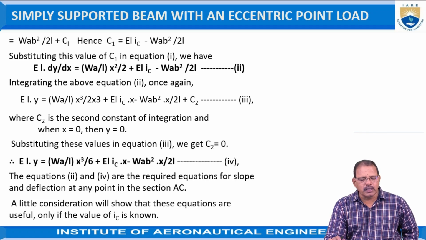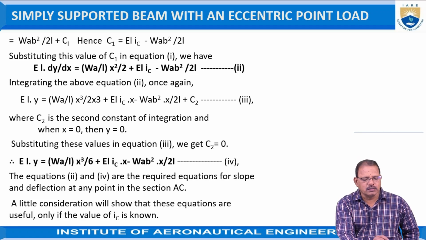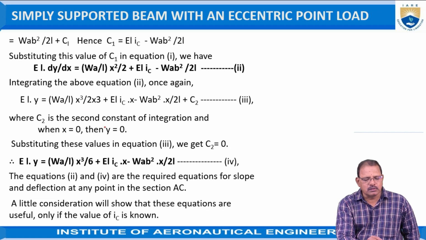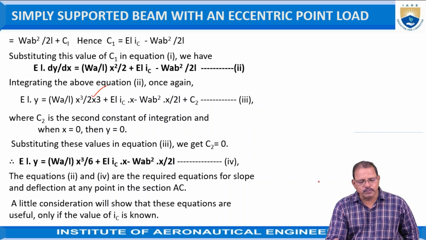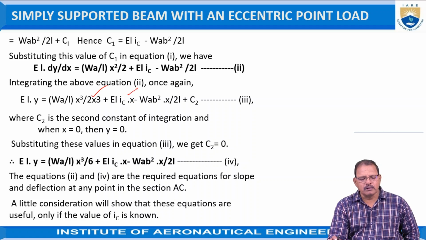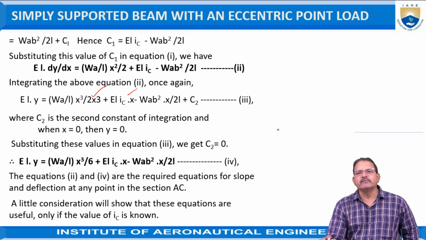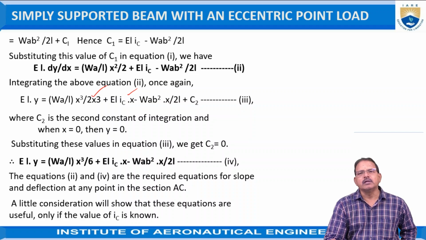Now integrating the above equation once again to get the deflection of the beam, that is, EI into y is equal to, we got WA divided by L x cube divided by 2 into 3 plus EI into IC, that is nothing but the slope at a section C where the load is acting, multiplied by x, minus WA B square into x divided by 2L plus one more constant we are getting, that is the C2 integration constant.